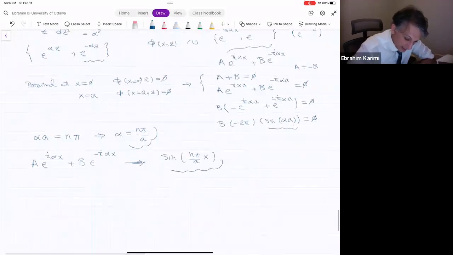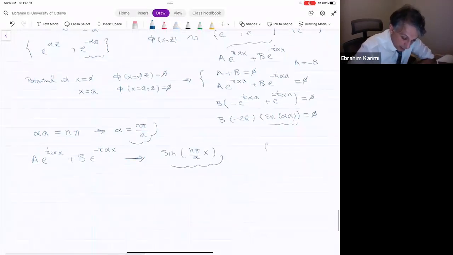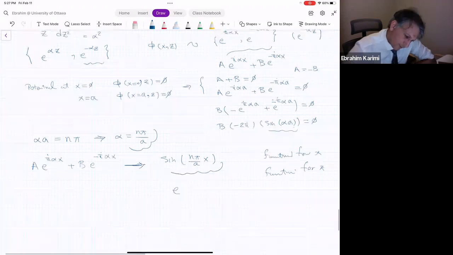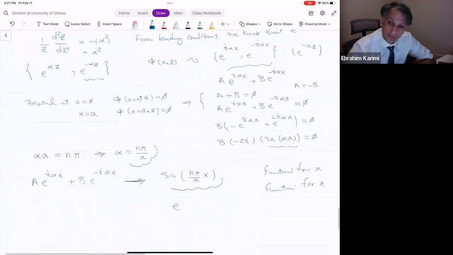So that is the function that we will get for x, and the function that we got for z direction, applying the boundary condition, was e power of minus alpha z. What was alpha? Minus n pi divided by a times z.